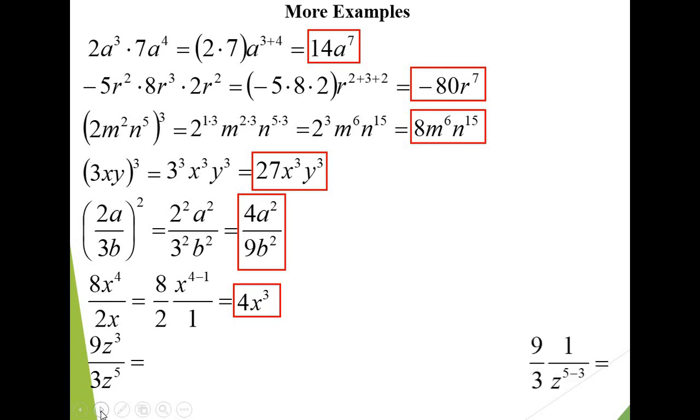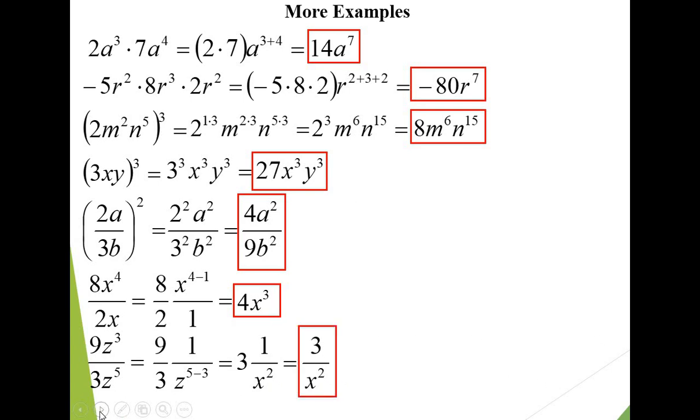And this is how you would write that. So it would be 9 divided by 3 times 1 over z to the 5 minus 3. Now 9 divided by 3 is just going to give us 3, and 1 over z squared, which is the same thing as 3 over z squared.